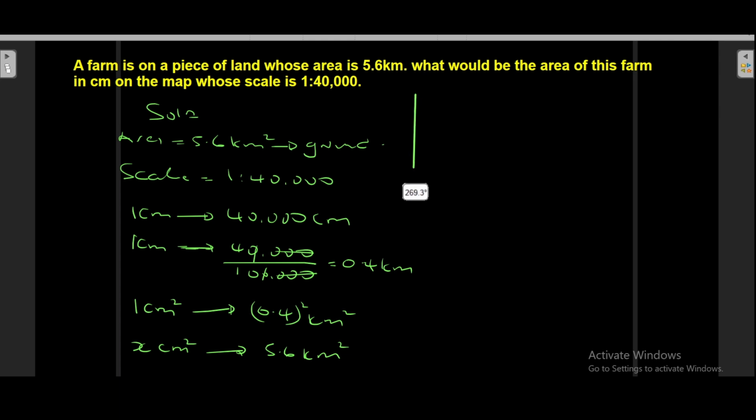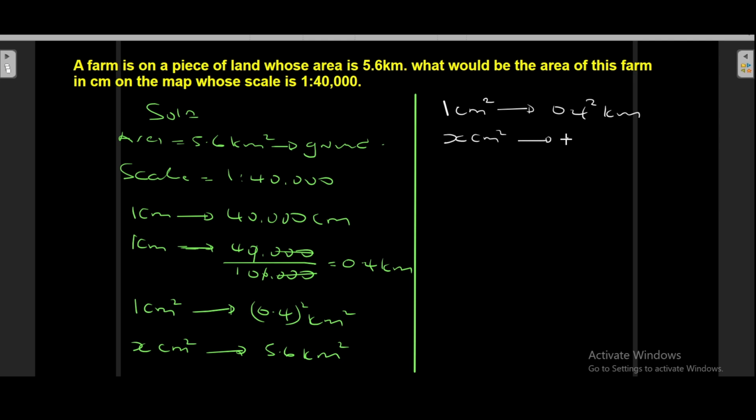Let me create some space here. We have 1 centimeter squared giving us 0.4 squared kilometers. That means if I have x centimeters squared, which I don't know, it will give me 5.6 kilometers squared.